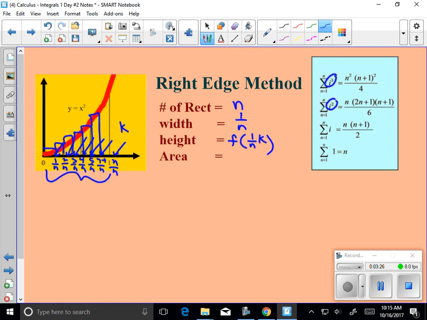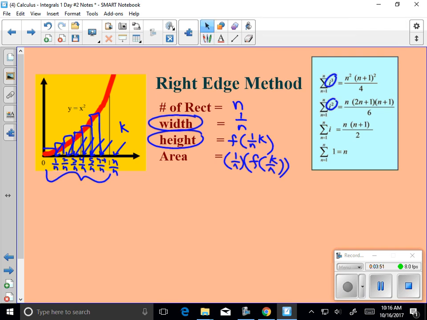So we have to make those infinitely small, which is kind of a weird concept. So the area of this would be the width, or the base, times the height. So we're going to take 1 over n, which is the width, times f of k over n. That'll give us the height of the first rectangle. Then we take the second and the third and the fourth, we sum them all up, and we get our area under the curve. Okay, that is a general.